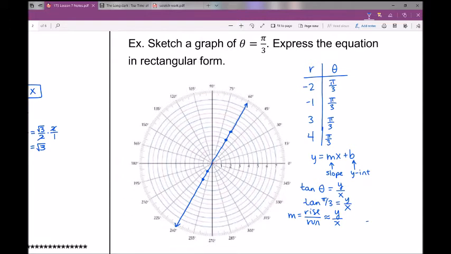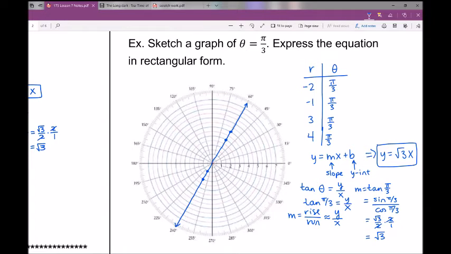And so that comes out to be square root of 3 over 2 times 2 over 1. And if we do that division or multiplication, however you want to look at it, we get that the tangent of pi over 3 is the square root of 3. So that is the slope of our line. So we can rewrite this equation of a line as y is equal to the square root of 3 times x. And that is the rectangular equation for the polar equation theta is equal to pi over 3.